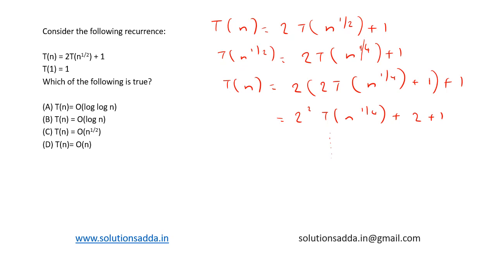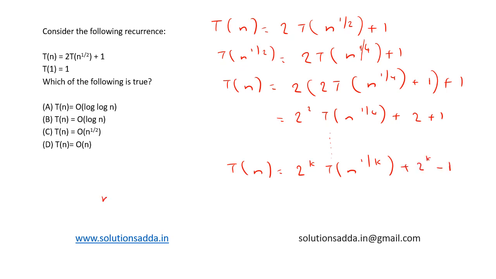Now iteratively if we solve it, we can write it as T of n is equal to 2 to the power k into T of n to the power 1 by k plus 2 to the power k minus 1.